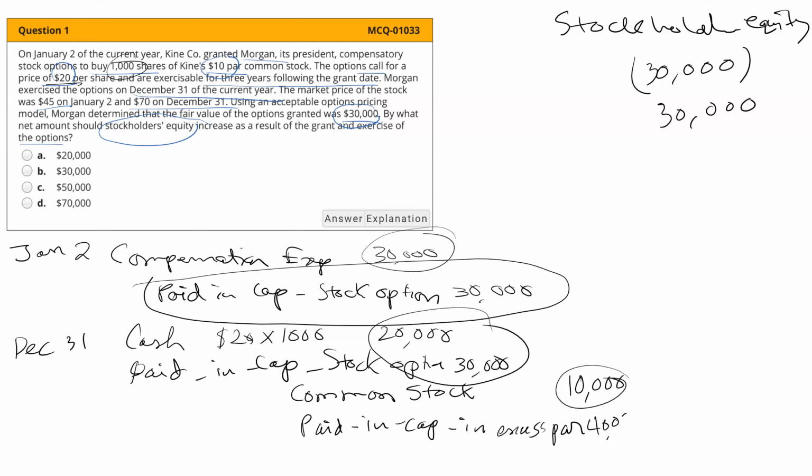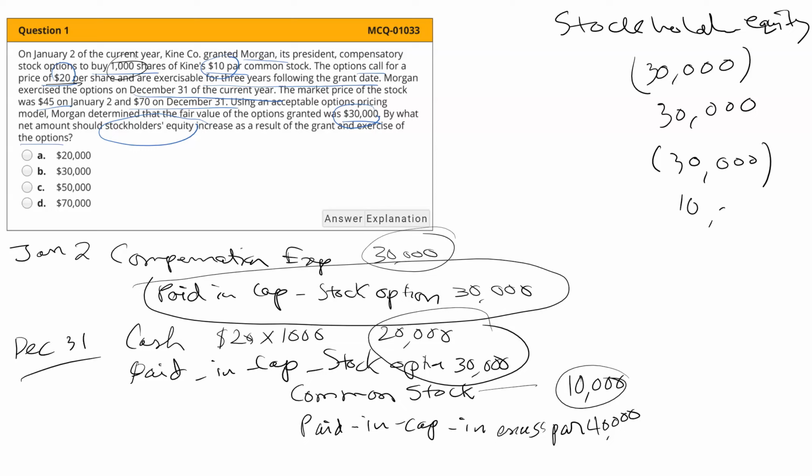So now let's see the impact on our stockholders' equity. What happened here on December 31st? Cash will not impact the stockholders' equity. This paid in capital stock option we are eliminating, so that will be reduced from stockholders' equity, so we subtract that. We are crediting or showing this as common stock $10,000.